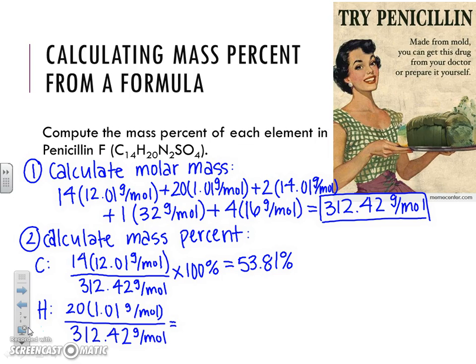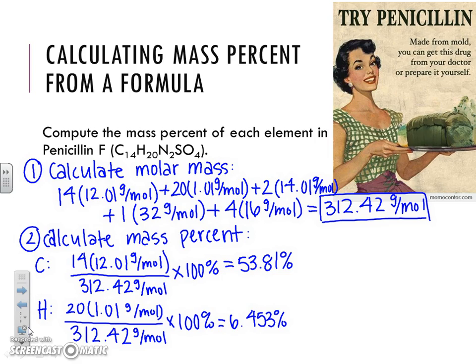And whoops, we have to remember to multiply by 100 to turn it into a percentage. And when we do this, we wind up with 6.453% as the percent of hydrogen in the compound.